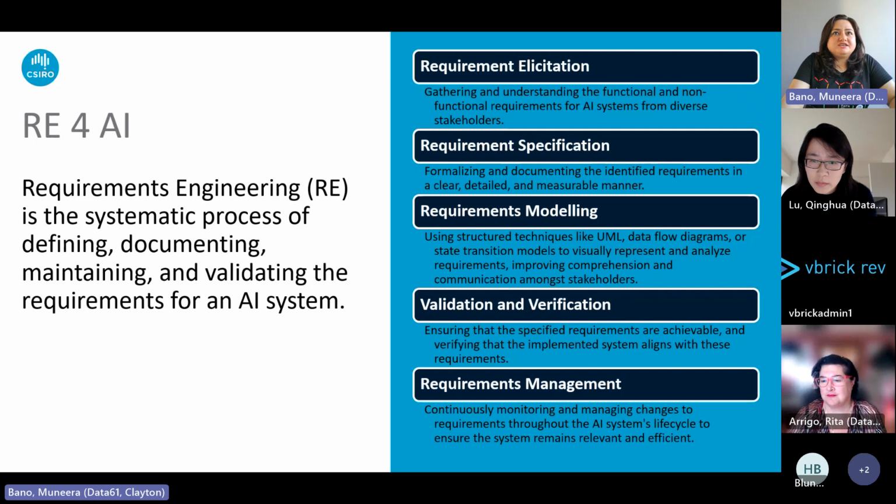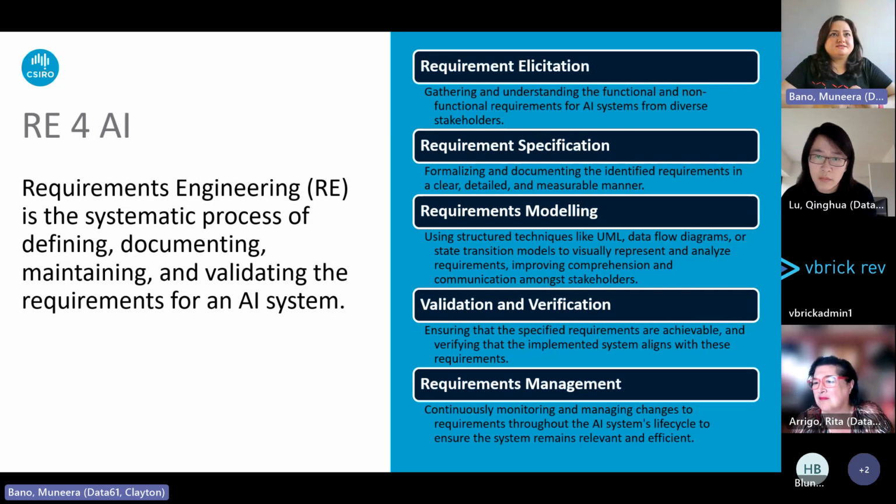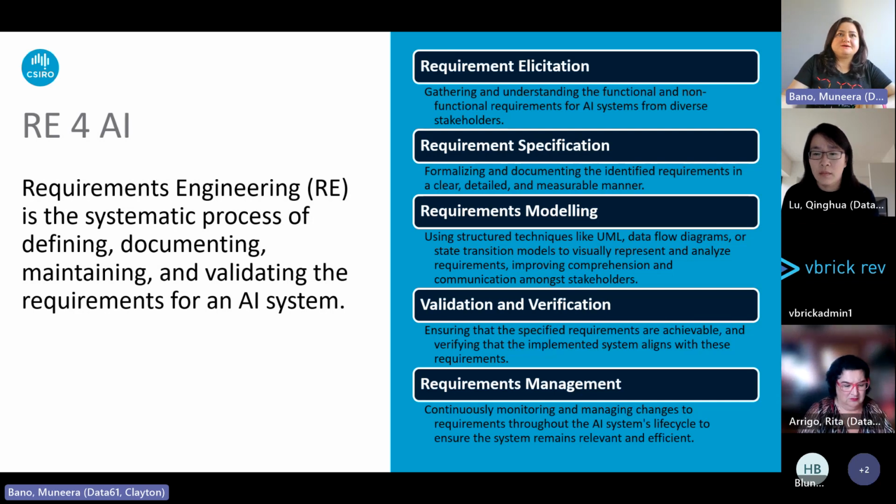In the requirements engineering research that I just mentioned with my student Khulud, we found that traditionally the stages of requirements engineering have been defined and are standard and being used: elicitation, specification, modeling, verification, and management. When it comes to the design of AI systems, there are certain other unique features of the AI system itself that require some modification to those stages.